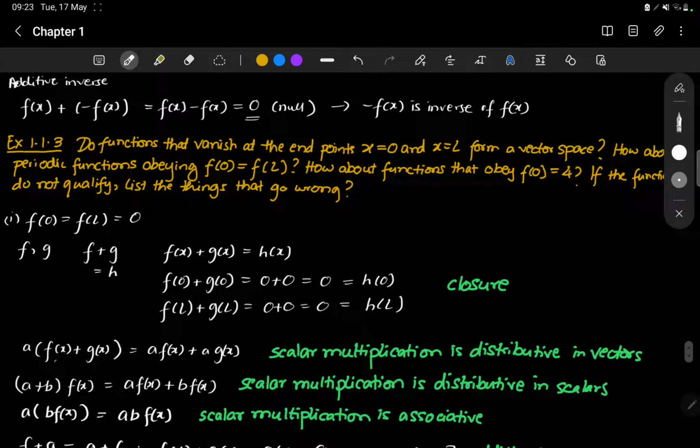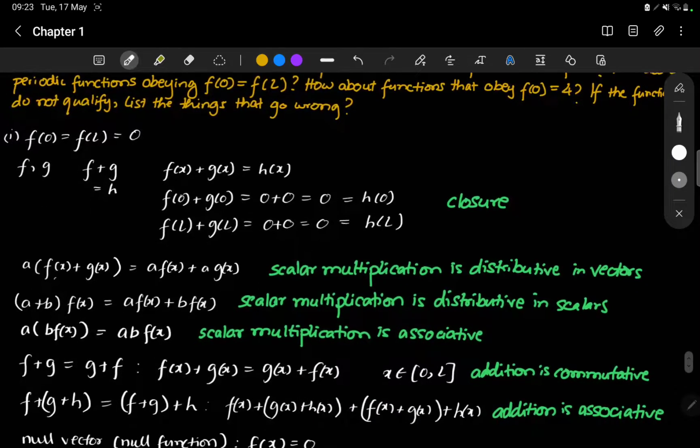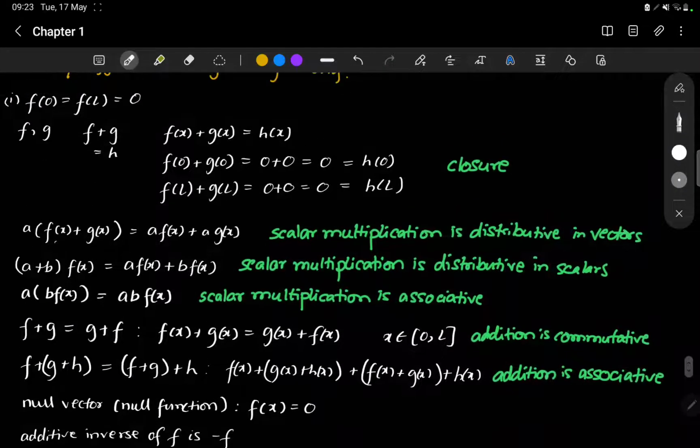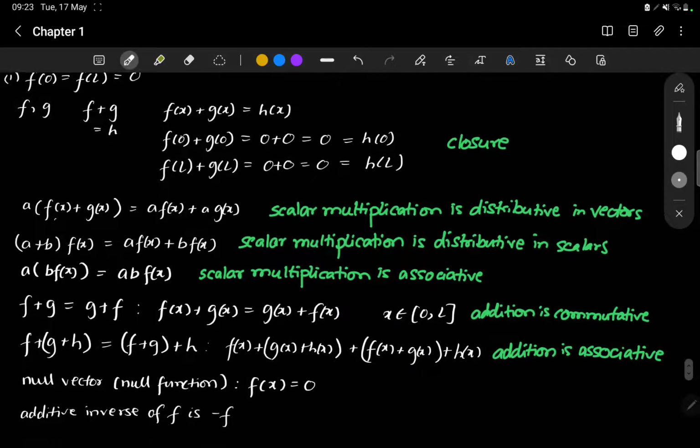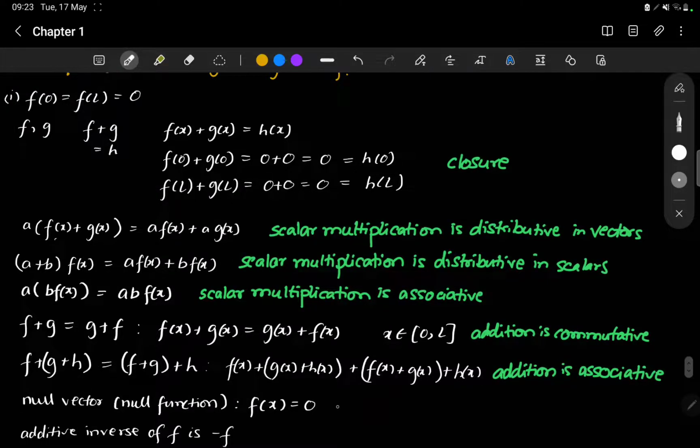So in the first case, where the function takes the value 0 at the endpoints, this function indeed forms a linear vector space, because all the 8 axioms are being satisfied. This function satisfies the closure property and all the other properties. Does this class of functions have a null vector?